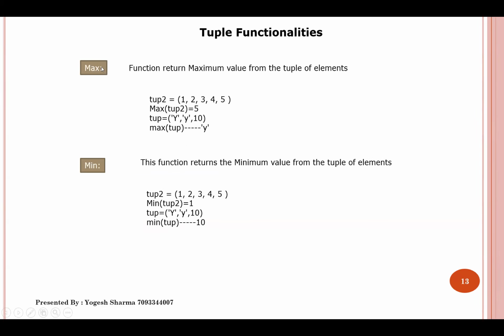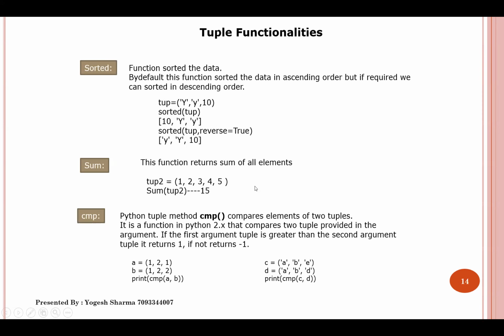Now after that we have max and min. These are simple functions that you already know. Max will give you the maximum value of the tuple. Min will give you the minimum value of the tuple. Sorted also, you already know. We have already used it in the list as well.